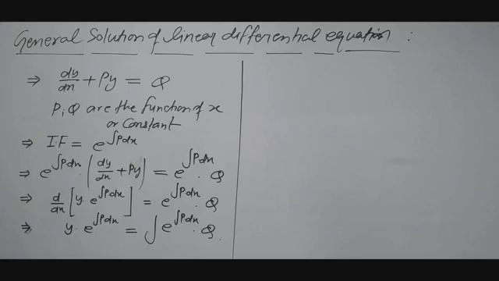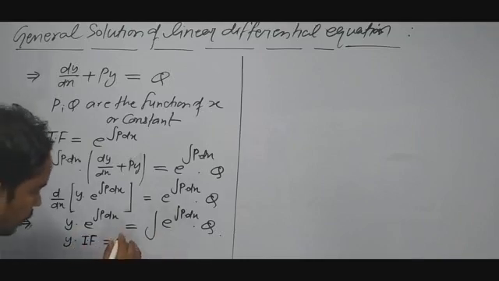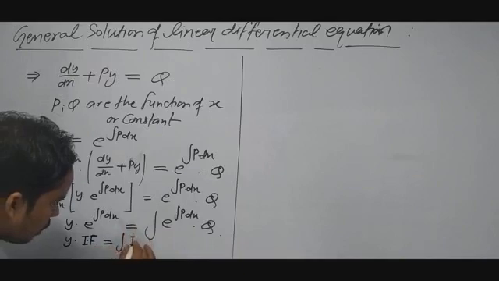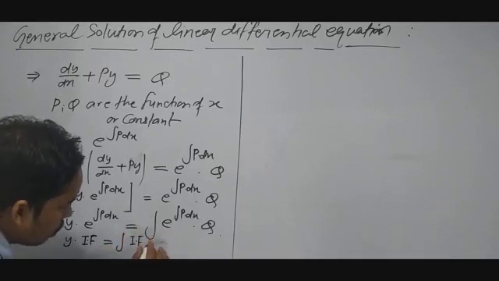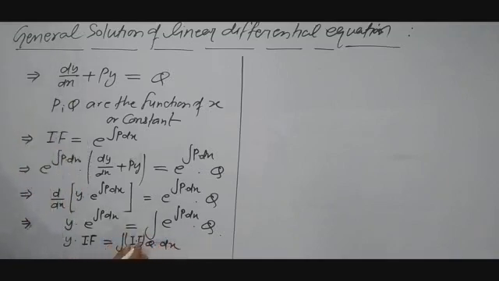Now again see, in the next step, this is the integrating factor. So y times the integrating factor is equal to the integration of the integrating factor into Q dx.